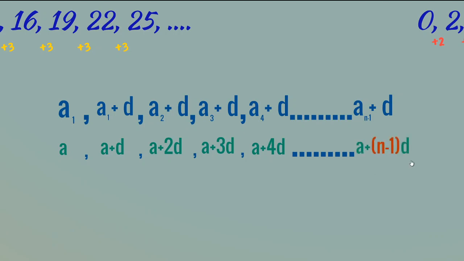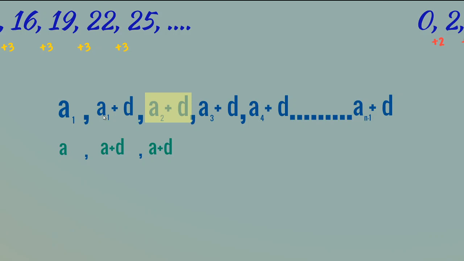Did you understand how it came? Look again. The first term, second term is a plus 1d or a plus d. Third term is a plus 2d. Fourth term is a plus 3d. Fifth term is a plus 4d.